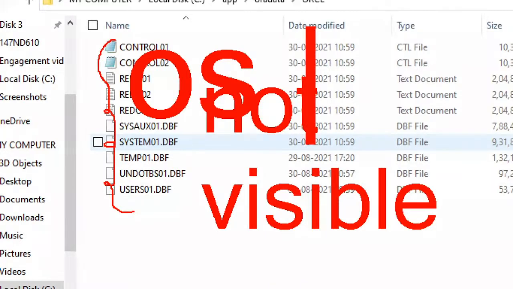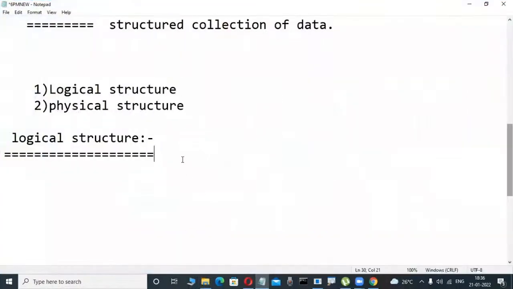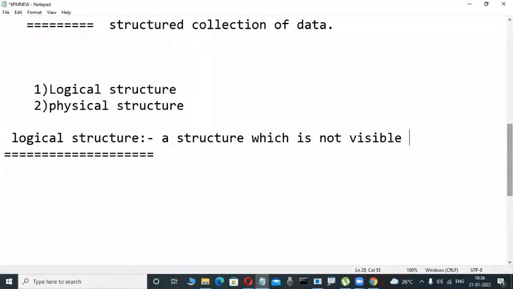But unfortunately, that is not visible in the operating system. That's why, what is a logical structure means, don't write it: a structure, now here a structure, which is not, what structure means database structure, don't worry, a structure which is not visible in the operating system, in OS, is called logical structure of the database.